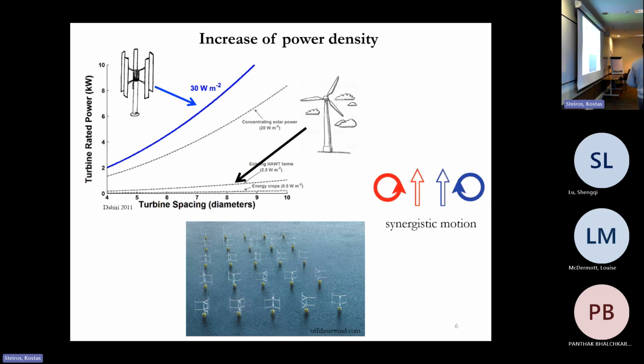So we're talking about power production per area, energy density. So this is also one of the research goals right now, to check the synergistic phenomena in this kind of turbines.